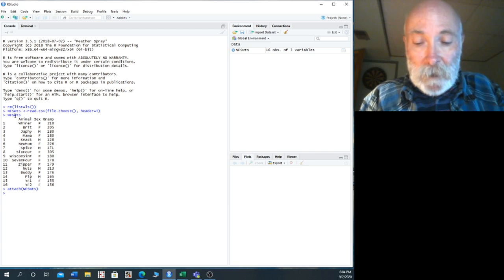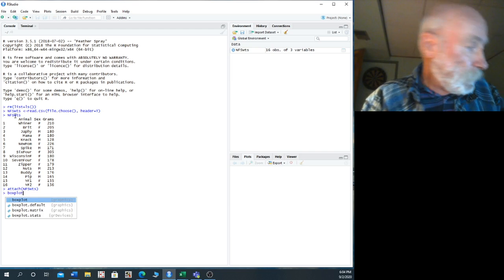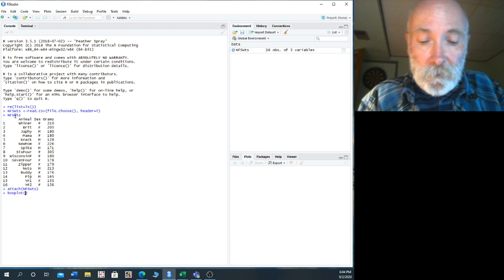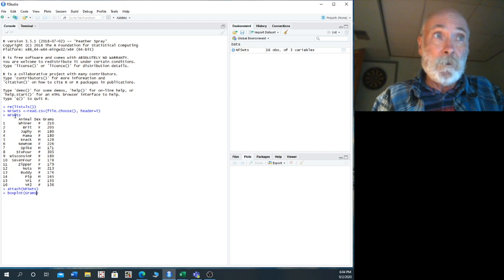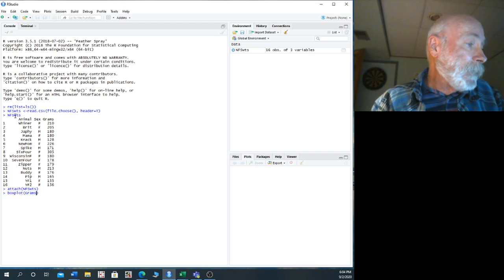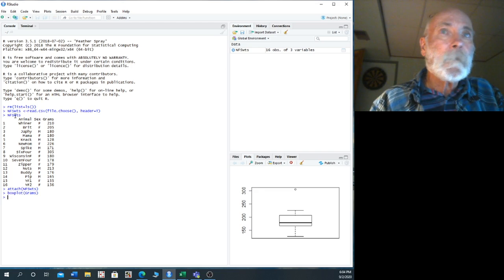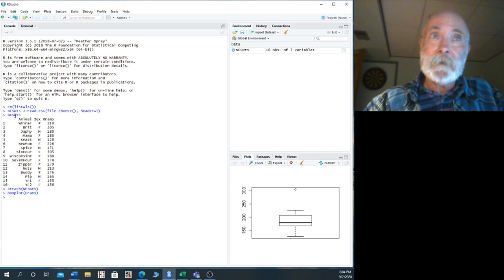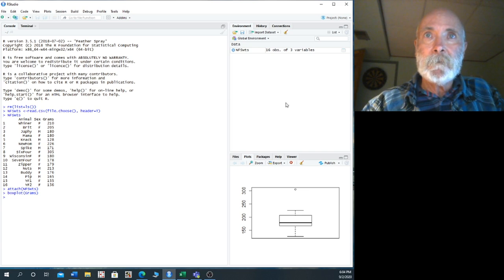So let's do boxplot grams. If you'll recall, grams was the variable of interest in this data set. And over on the right-hand side, you see our box plot. Ta-da, there it is. Okay.